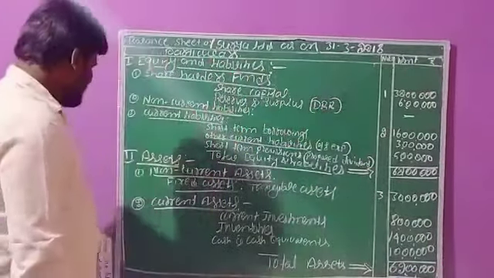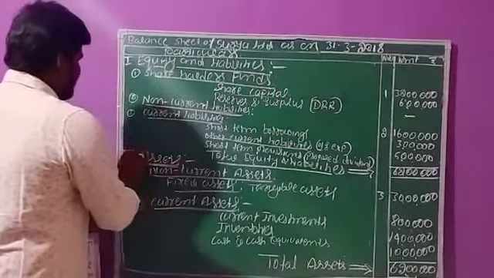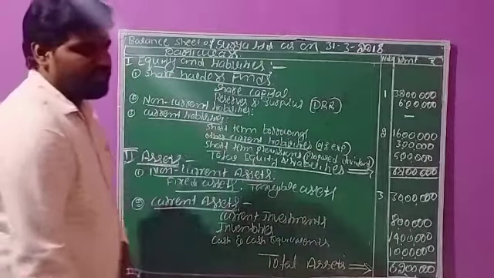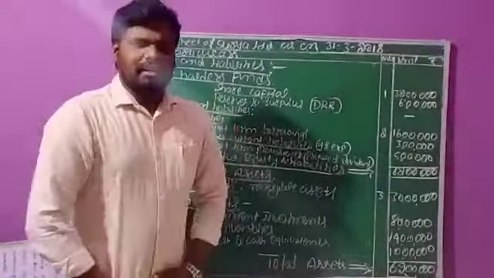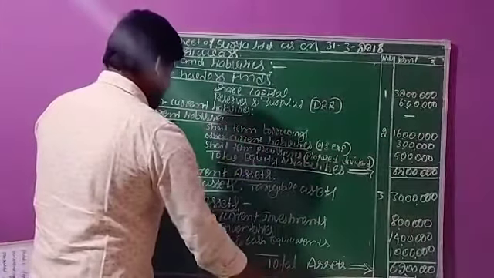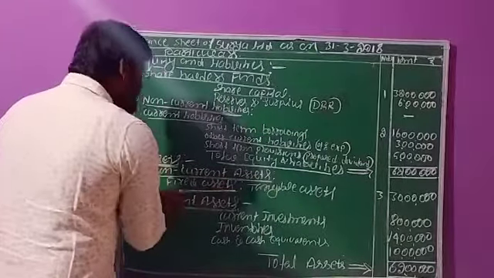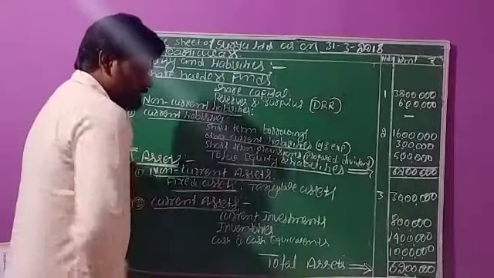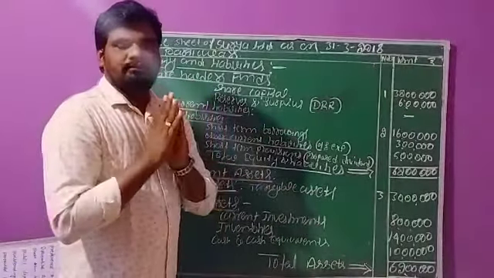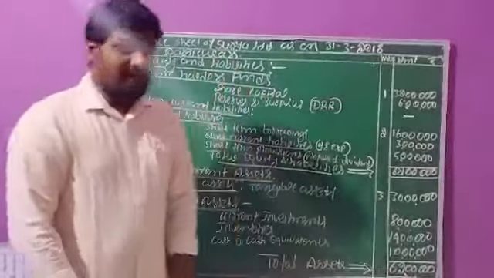Next, now we need to apply the second headline, assets. First of all, we have two types of assets, non-current assets and current assets. First we need to apply non-current assets. Under the non-current assets again we can record fixed assets. In the fixed assets we have two types, namely tangible assets and intangible assets.